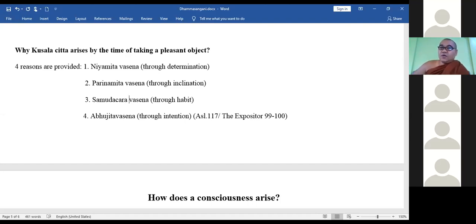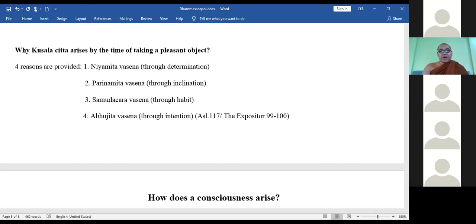So we should make ourselves have that kind of good habit. That good habit is very important for us to raise good consciousness, kusala citta, whatever we encounter, good or bad. That's why habit is a very important thing for giving kusala citta a chance to rise within ourselves.